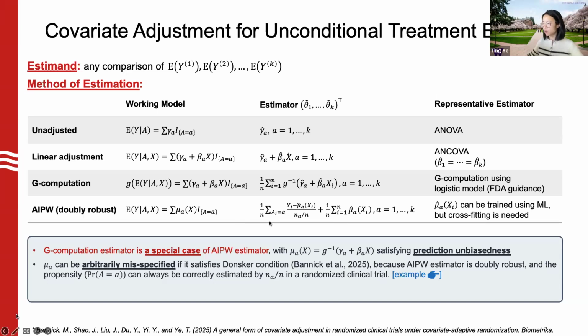And in clinical trials, we are in a good shape because the propensity score, which is the probability of treatment assignment, we know the truth. That doesn't depend on any variables. It's just a constant treatment propensity. So this is always correctly specified. And therefore, we have the guarantee that we can have the outcome model be arbitrarily misspecified, but this AIPW estimator is always consistent.